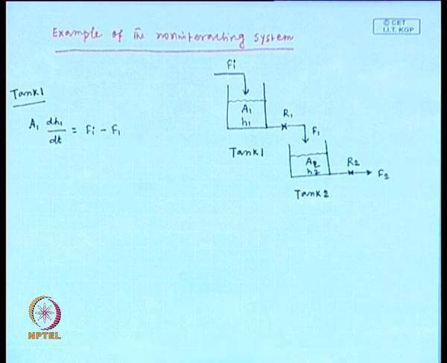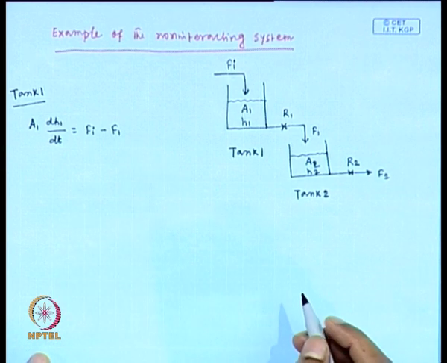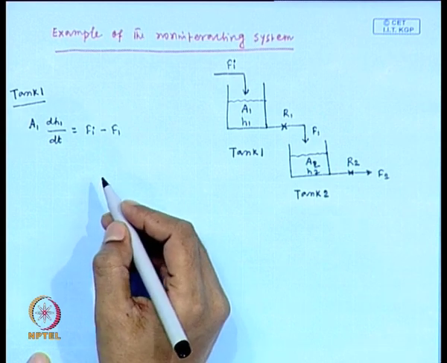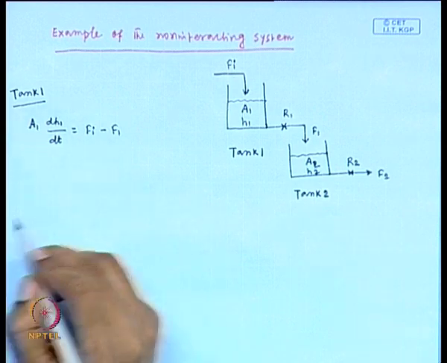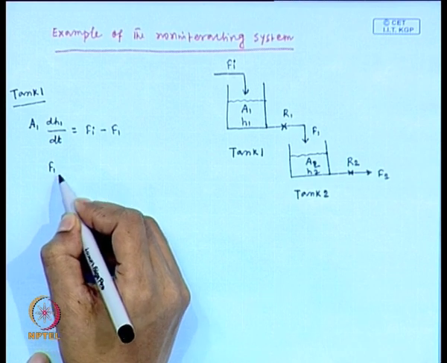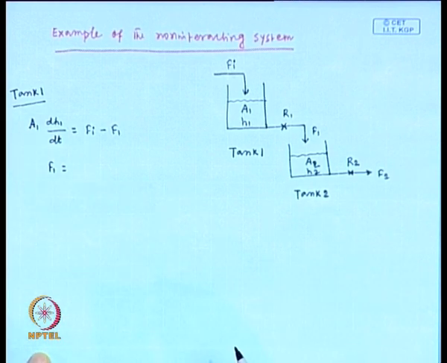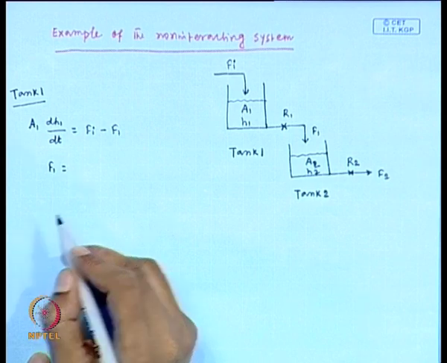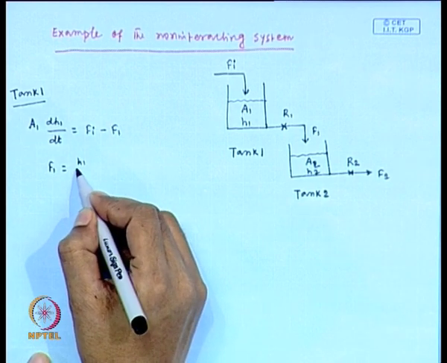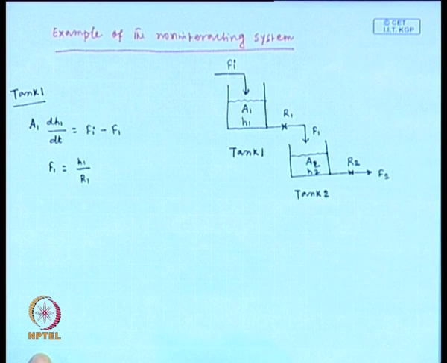This is the modeling equation for tank 1. Now, F 1 we can write in the form H 1 divided by R 1. F 1 equals H 1 divided by R 1, driving force divided by resistance to flow.